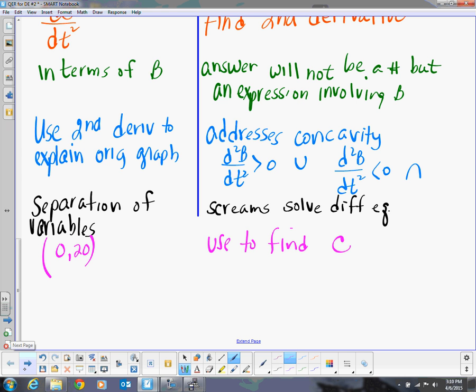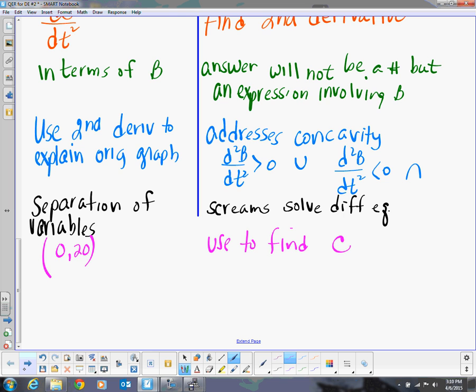I think I've done a pretty good job exhausting everything I can think of about what I should be thinking of on these questions. So let's go to the next page and let's start solving it.